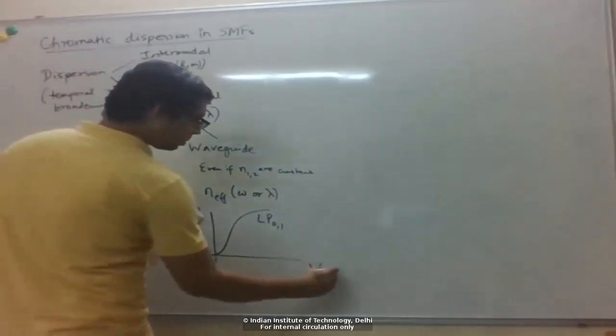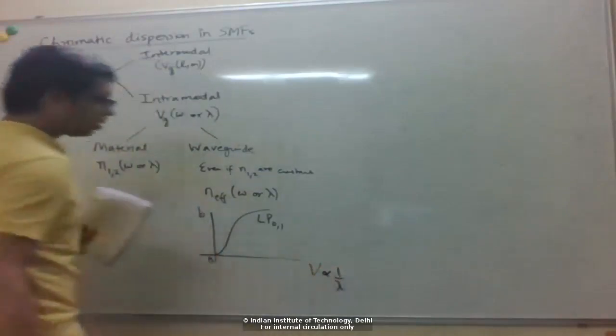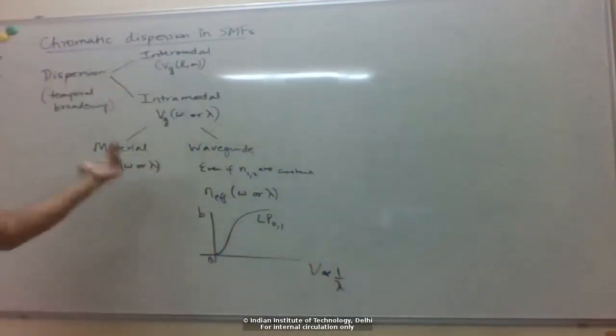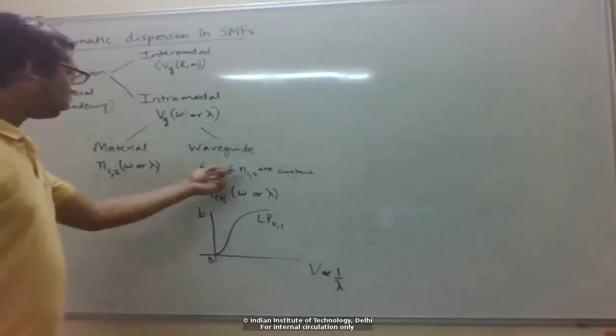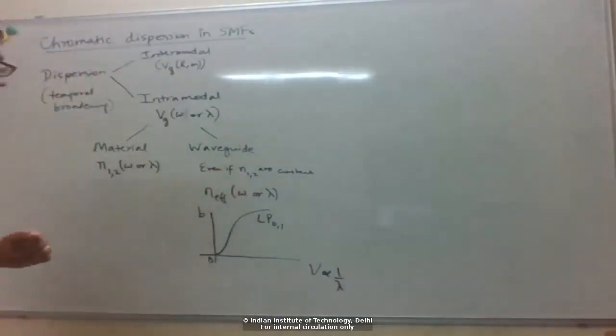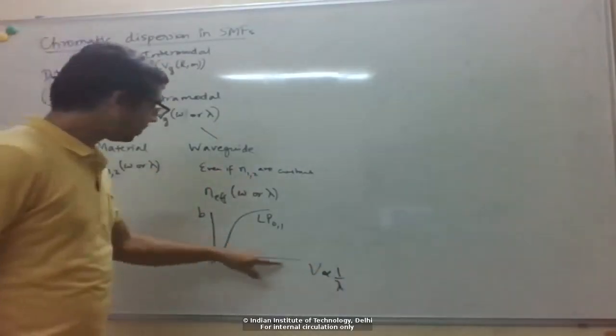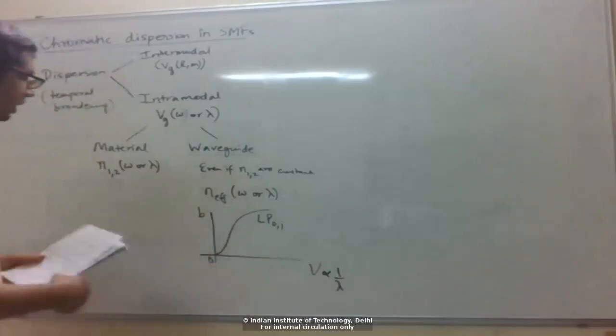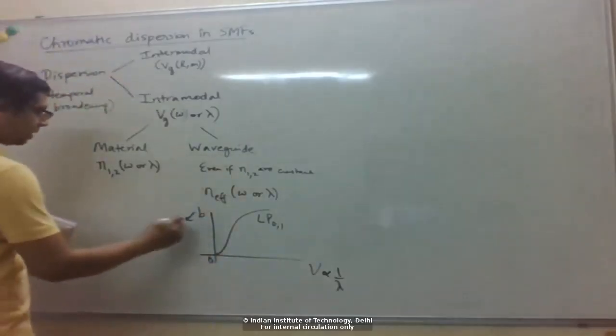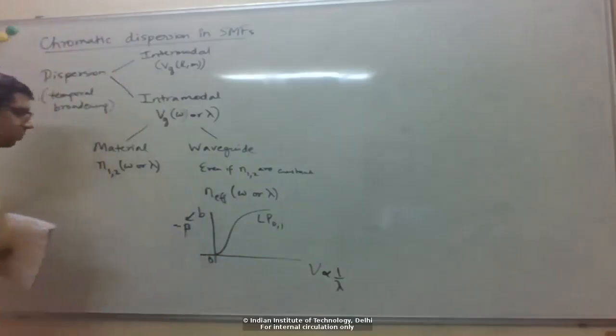And so V is inversely proportional to wavelength, right? So given some fiber with a core size and core and cladding indices, if we change the wavelength, we are changing the V number, and you can see that changes the propagation constant, right? So V was something related to the propagation constant, right?